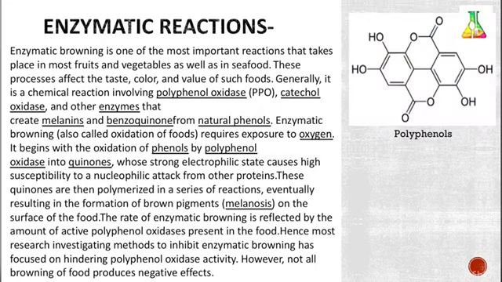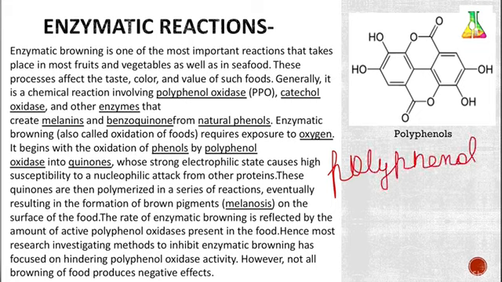Let us learn how the browning occurs. The polyphenols in the cells of fruits and vegetables, when we cut the fruit, come in contact with the surrounding air.